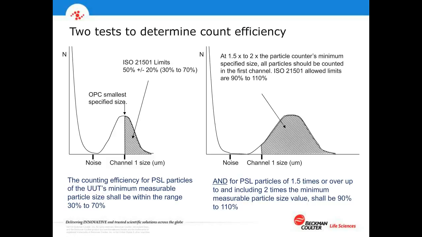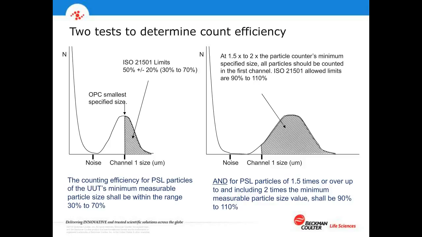What if we give it a little bit bigger particles, somewhere between 1.5 to 2 times the size, okay? And then say, well, here, I'm going to send in bigger particles. I'm going to keep my threshold still at 0.5 as an example. I'm going to send in 0.75 to 1 micron size particles, and will I see 100% of them? Well, that is the challenge and the designation there.